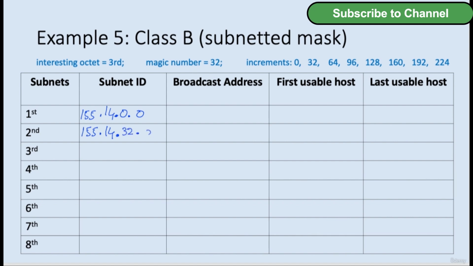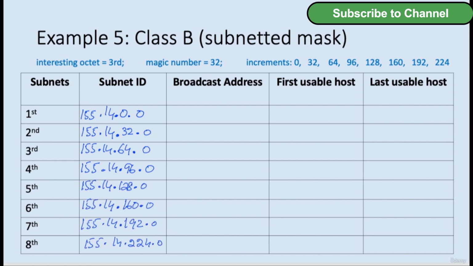I wrote the next increment, 32, .0. And then 155.14, again the interesting octet has come, 64 is the next increment, .0, and then 155.14.96 is my next increment in the interesting octet, .0. And now I'm going to fill the other values.